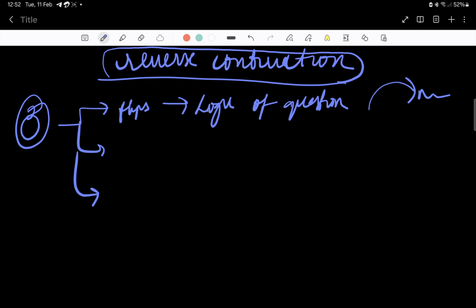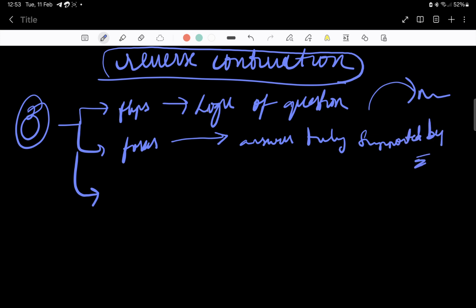Second, it forces you to check whether the answer is truly supported by the passage or not. And it prevents assumption-based mistakes also, for sure. These are the three things.